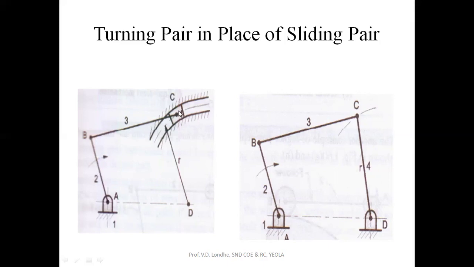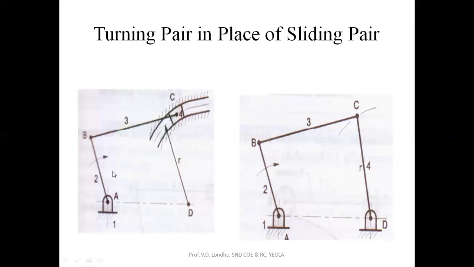This slider slides in a circular slot having some specific radius R. The rotary motion of the crank now leads to oscillating motion of link three. This motion is given to link four, the slider, which has sliding motion inside this curved slot.